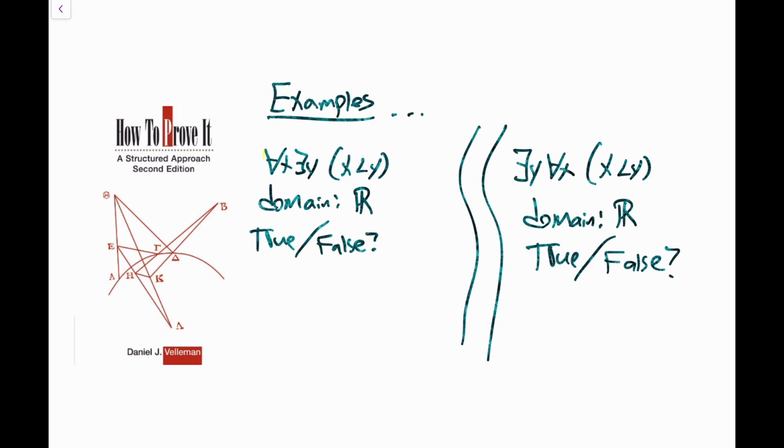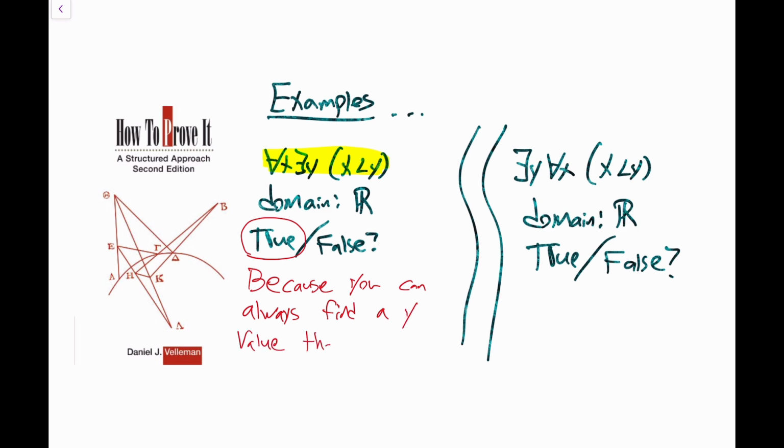So the first example, for all x, there exists a y such that x is less than y. In other words, for every value of x, there is some y value out there such that x is less than y. Well, clearly, if you think about it, that has to be true, because you can always find a y value that's greater than any x value, right?